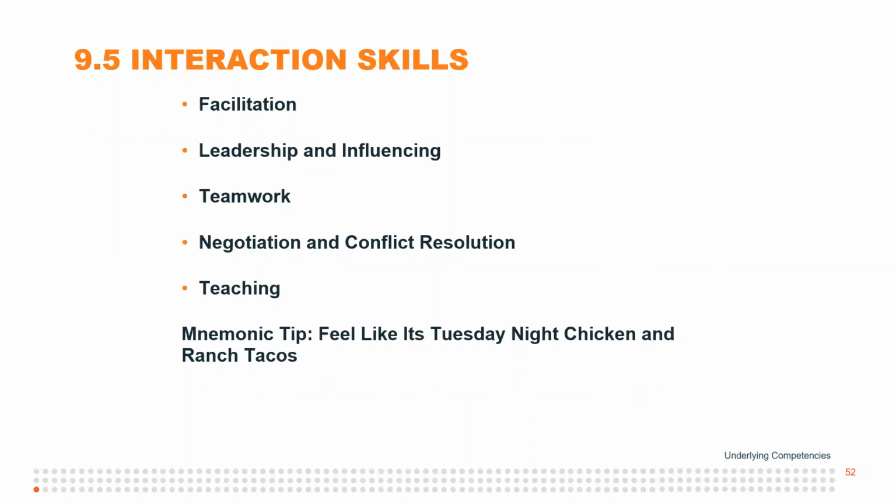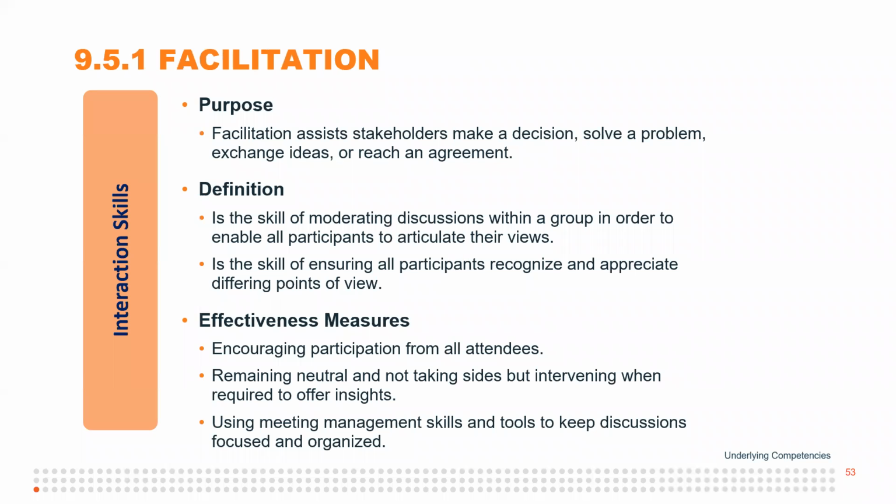Anyway, we started out with one of my students saying, feel like it's Tuesday night tacos. Then one of the other students said, no, we have to include the conflict resolution. And that's when the chicken and ranch got added in there. So feel like it's Tuesday night chicken and ranch tacos. That's the whole mnemonic.